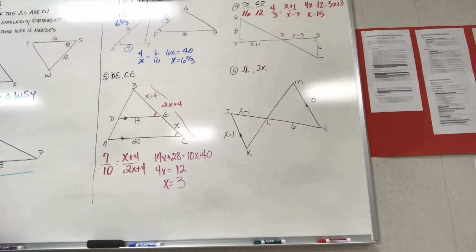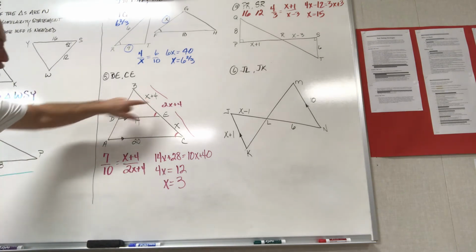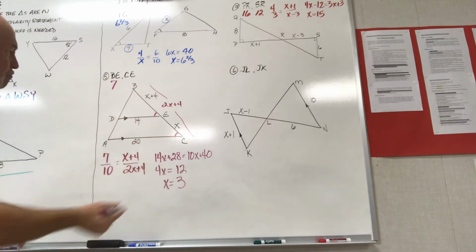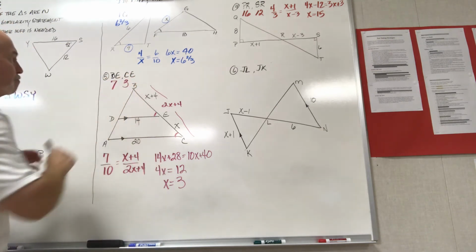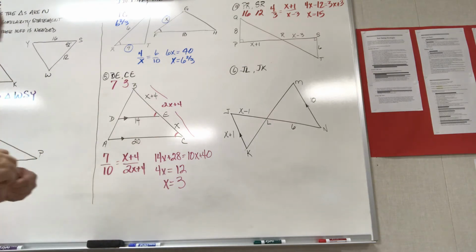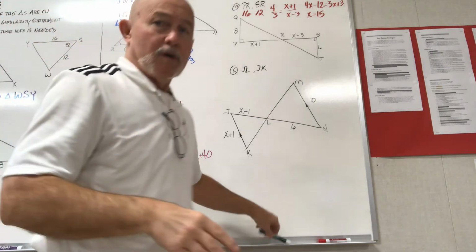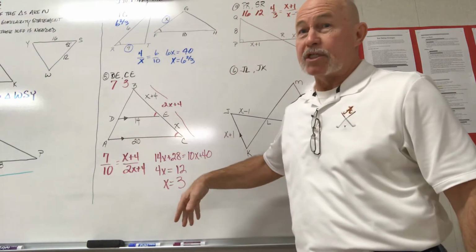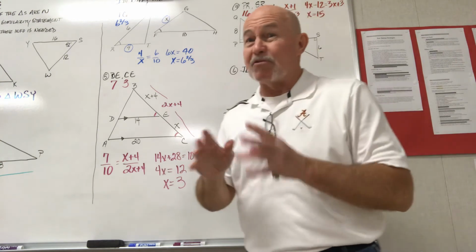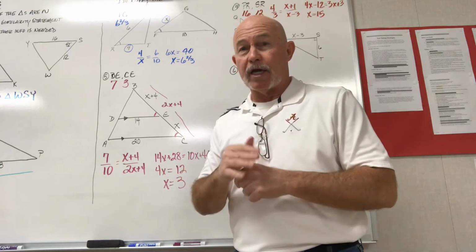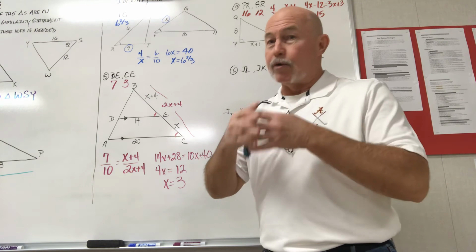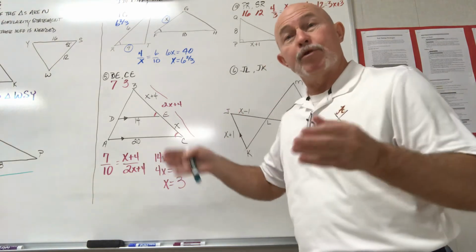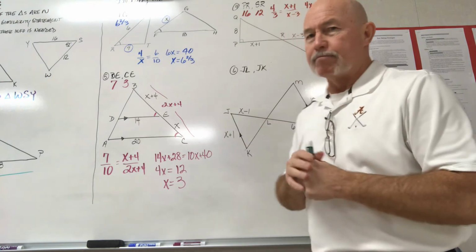So if x equals 3, BE, 3 plus 4 is 7. CE, just 3. Once again, as I've said before, the geometry is setting up this. Solution is algebra. And most of the math is pretty straightforward and simple. Just make sure you're following all your rules. Cross multiplying, we've got to multiply everything there. Distribute to everything. You're in good shape.